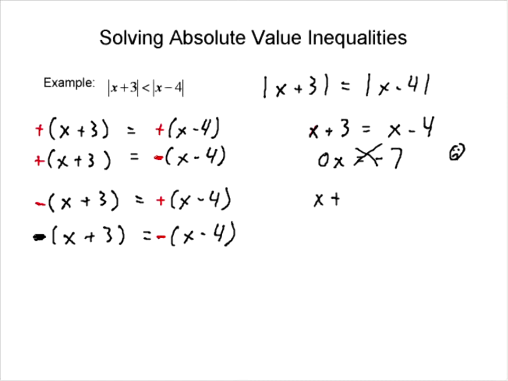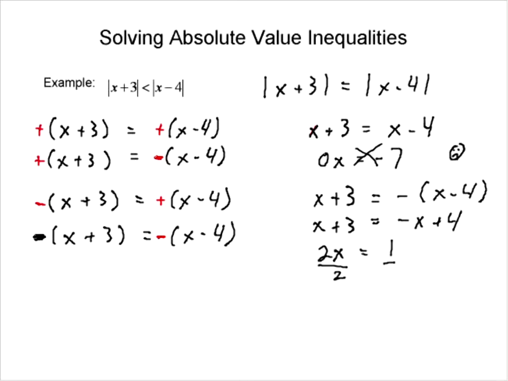So it's starting to get even easier, because we're just going to have to consider x plus 3 is equal to negative x minus 4. So we're going to have x plus 3 is equal to negative x plus 4. So we're going to have 2x is equal to 1, divide both sides by 2, and the only possible solution for our number line in this particular case is x equals 1/2.